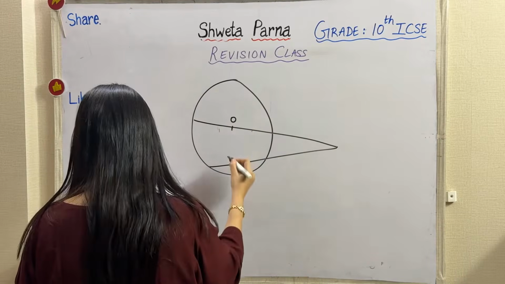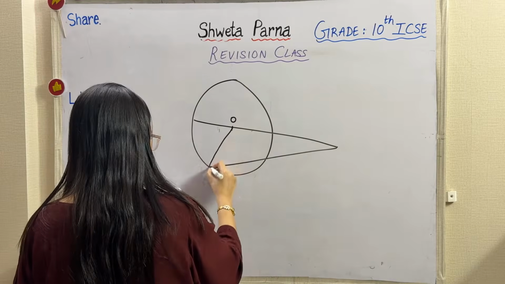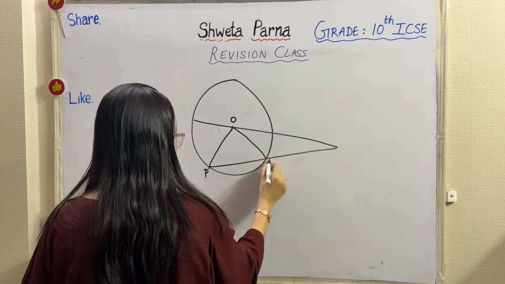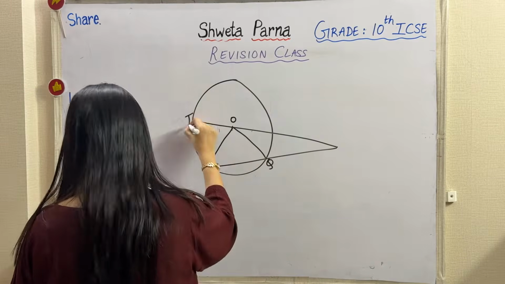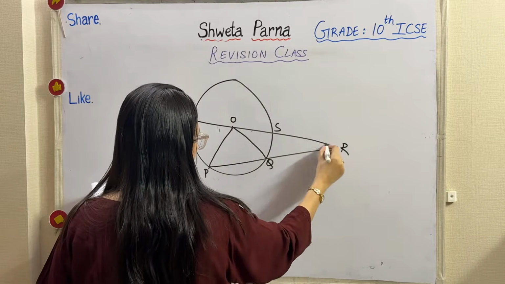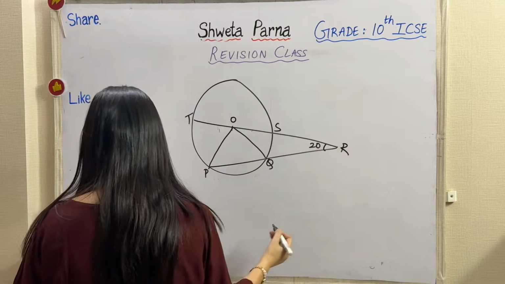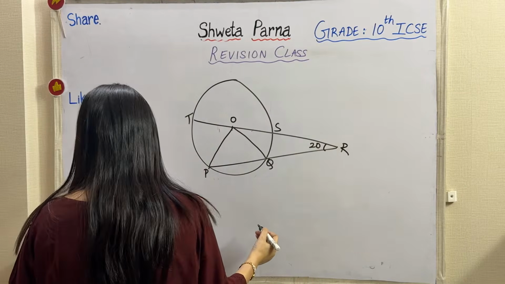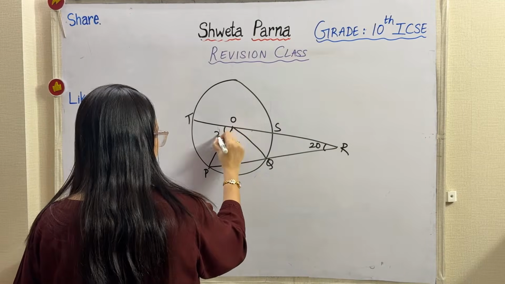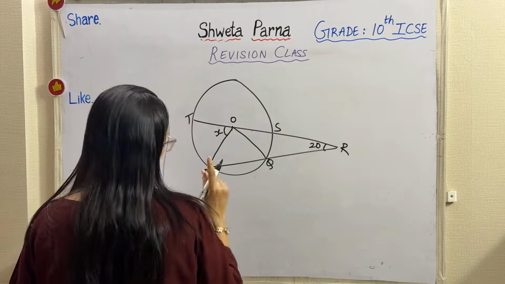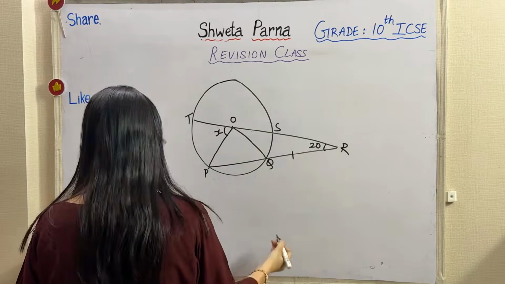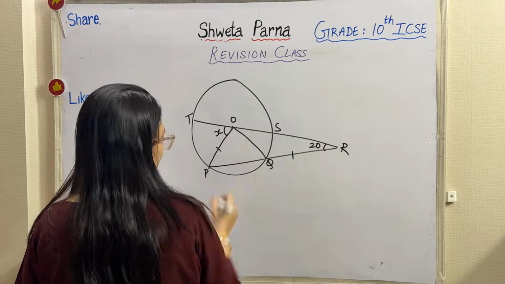This is the center O. P, Q. This is T, S, R. This angle measures 20 degree. Okay. Now O is the center of a circle. This angle is X. Now what information is given? The information given is QR is equal to OP.